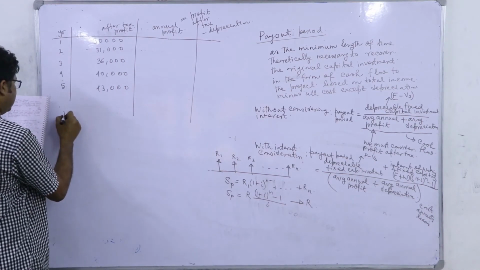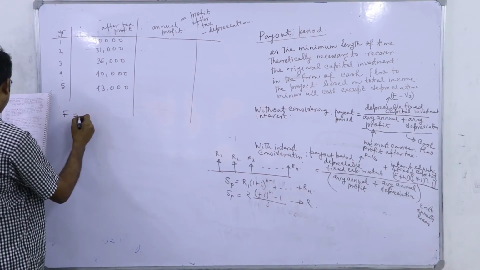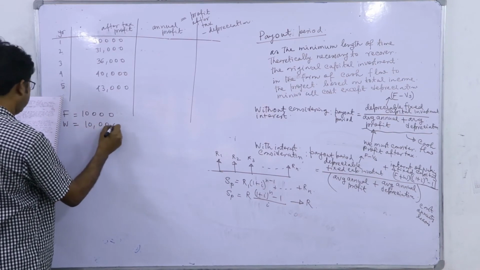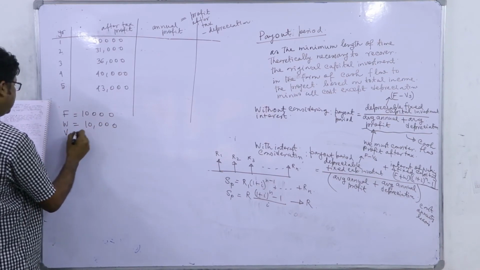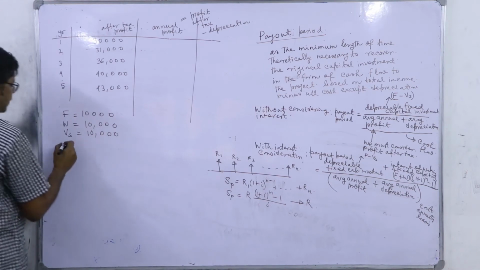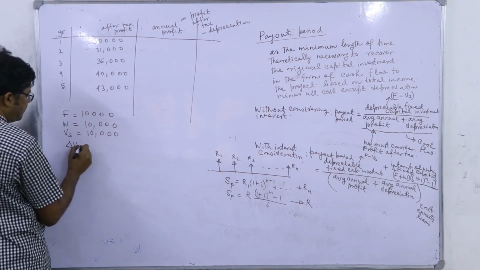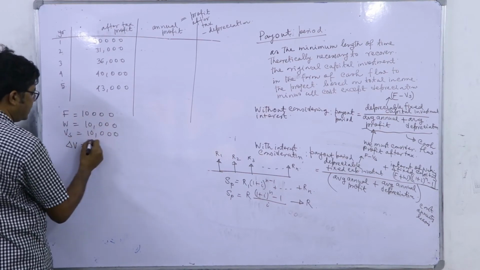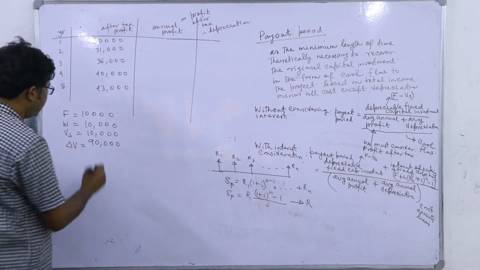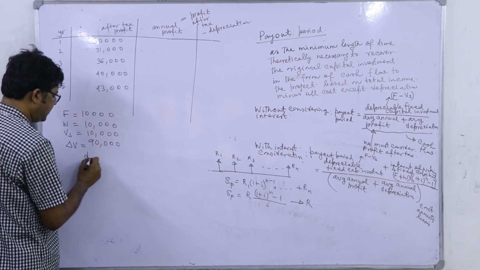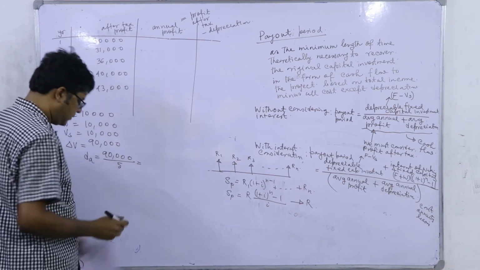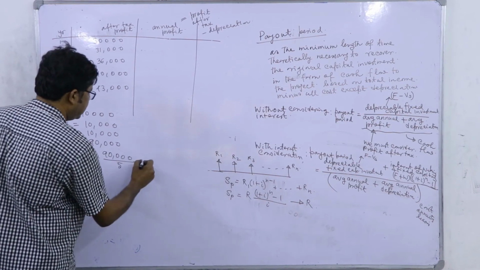So, the capital investment, fixed capital investment is 1 lakh, working capital investment is 10,000, salvage value is 10,000. Right. So, the depreciation delta V is 90,000. So, 90,000 divided by the rate of depreciation is 90,000 divided by 5. So, it is coming to be this 18,000.